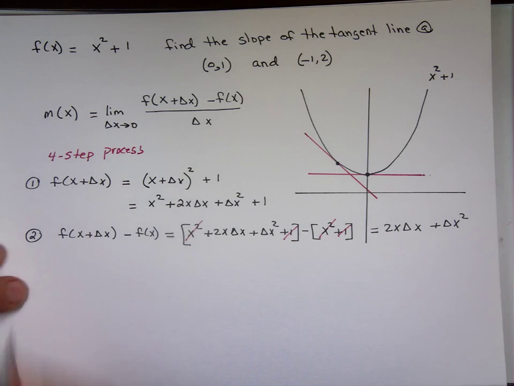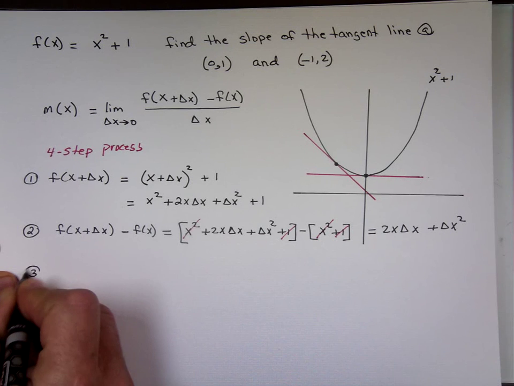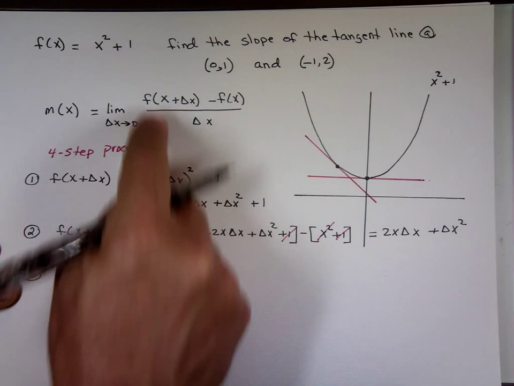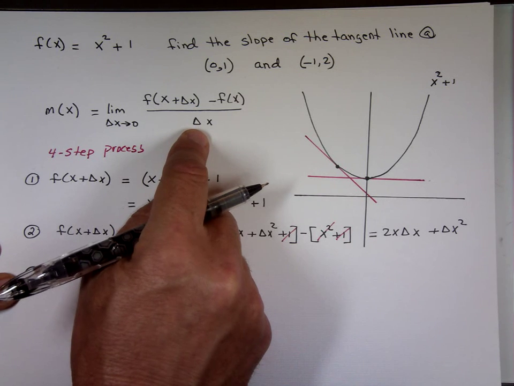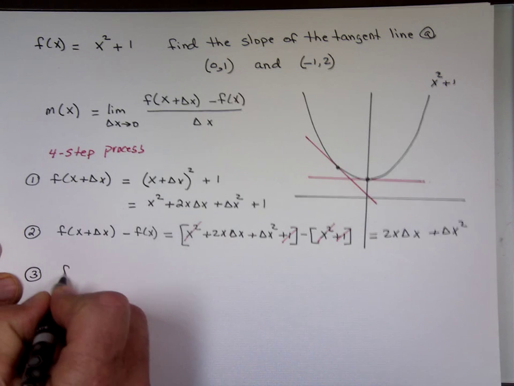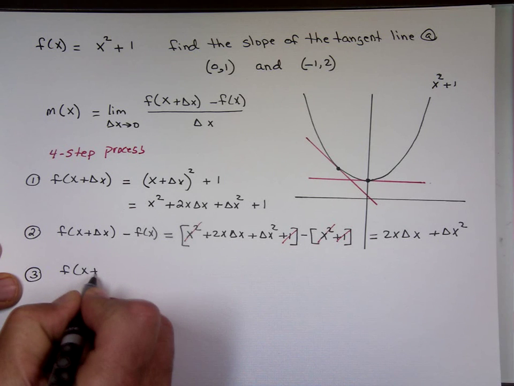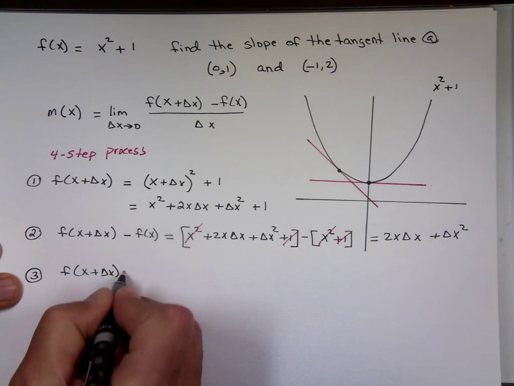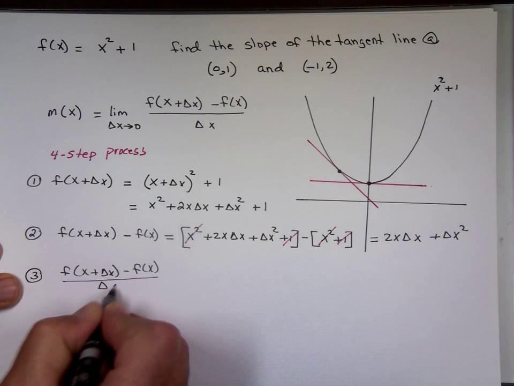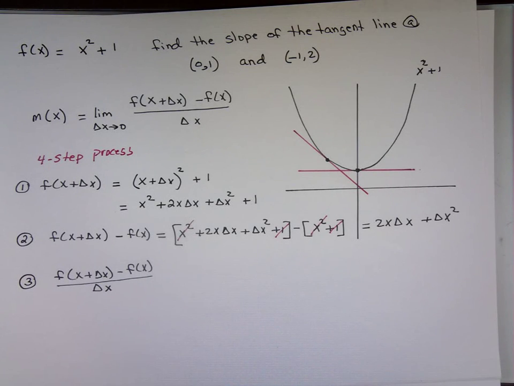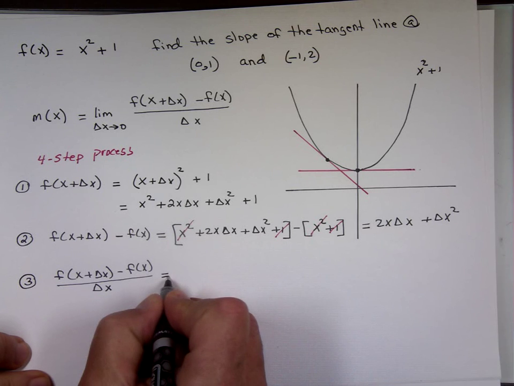Step number 3. I'm going to take the answer and divide it by delta x. See that? The answer by delta x. So let's take the answer from step number 2.